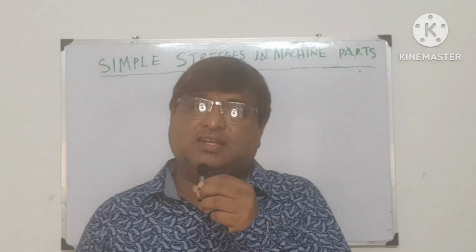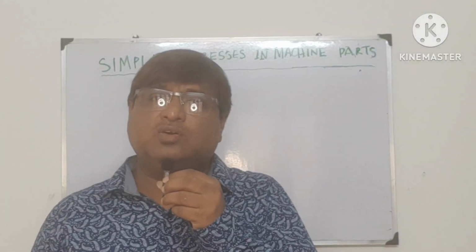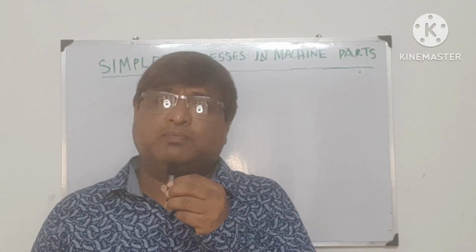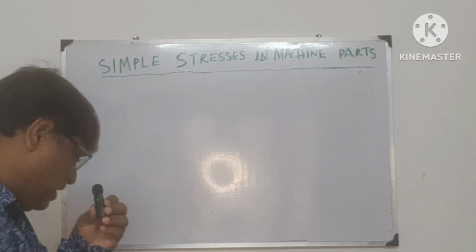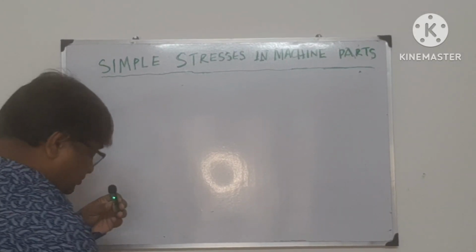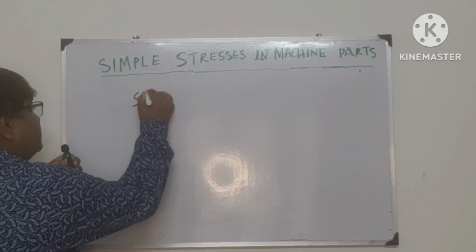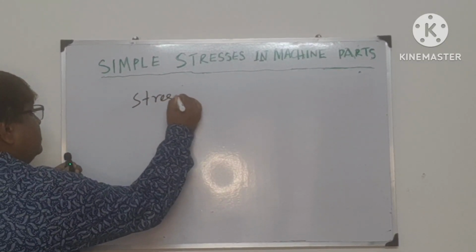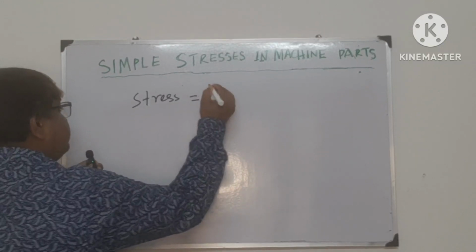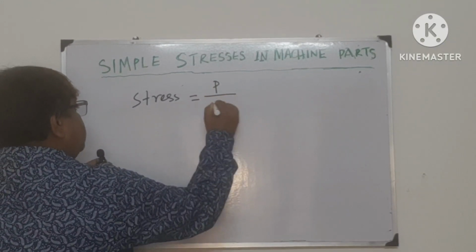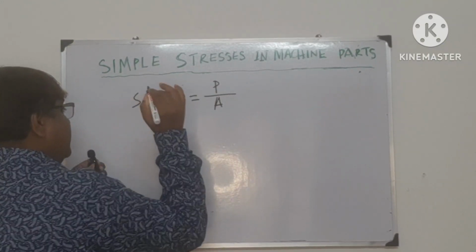So we can write that stress is a ratio of force per unit area. We can write it this way: stress is equal to force per unit area.